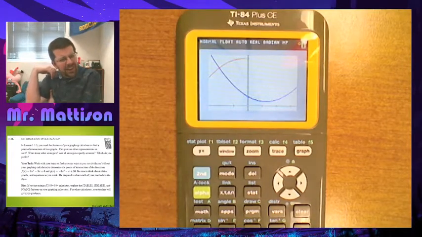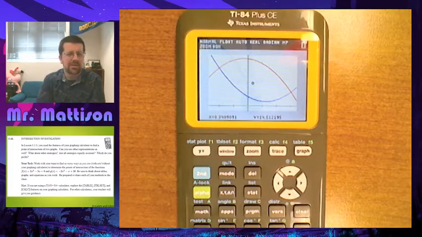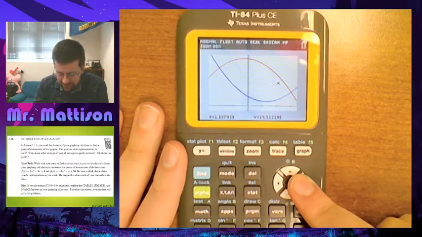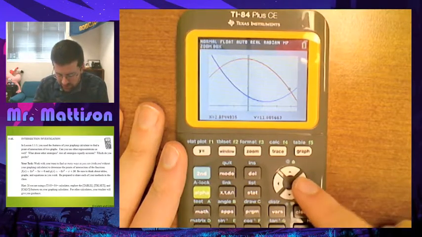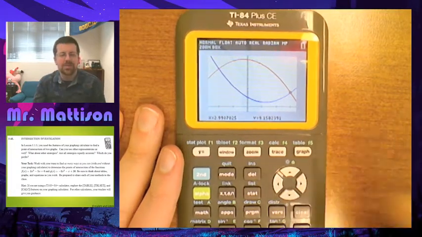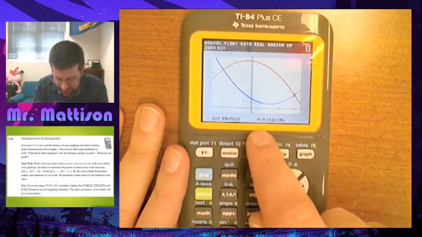You want to be fairly zoomed in, because otherwise, especially things like trace will be really inaccurate. Now I can just move my cursor to guesstimate where about this point is, but again, probably not super accurate there. I'm seeing like 2.99 and 9.1.